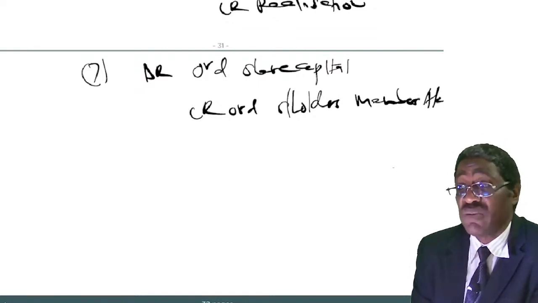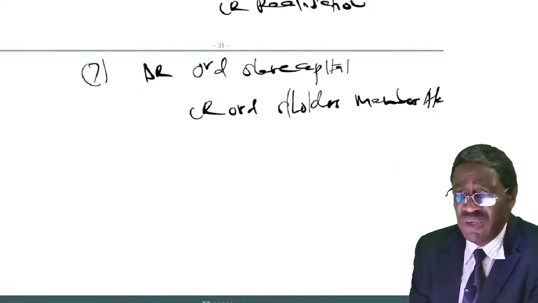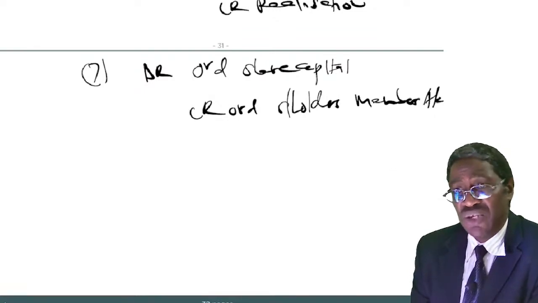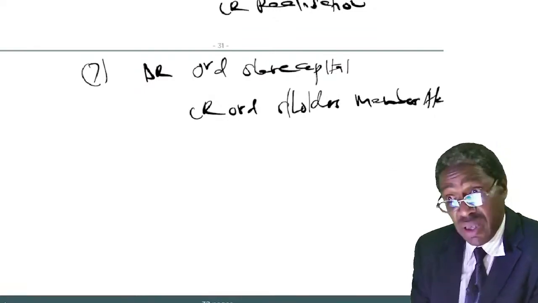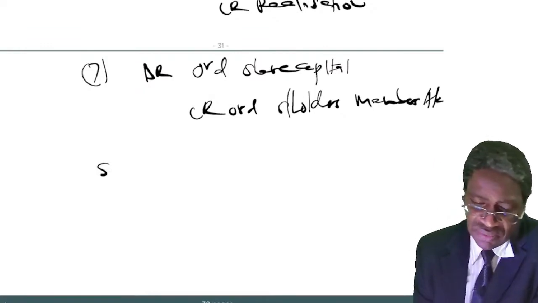That's our entry number 7, for the balance of the ordinary share capital to ordinary shareholders members account. Debit ordinary share capital, credit ordinary shareholders members. Okay. Number 8.